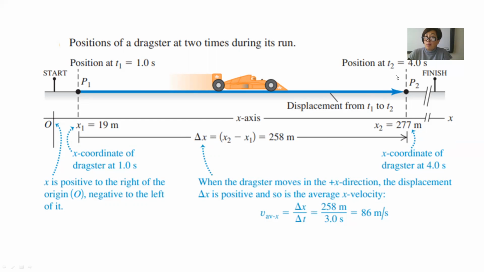Because the second point is at time equal 4 seconds, and the first position is at time 1 second, delta t is 4 seconds minus 1 second, and will be 3 seconds. And calculated average velocity, 86 meters per second. And here this is the formula of the average velocity.